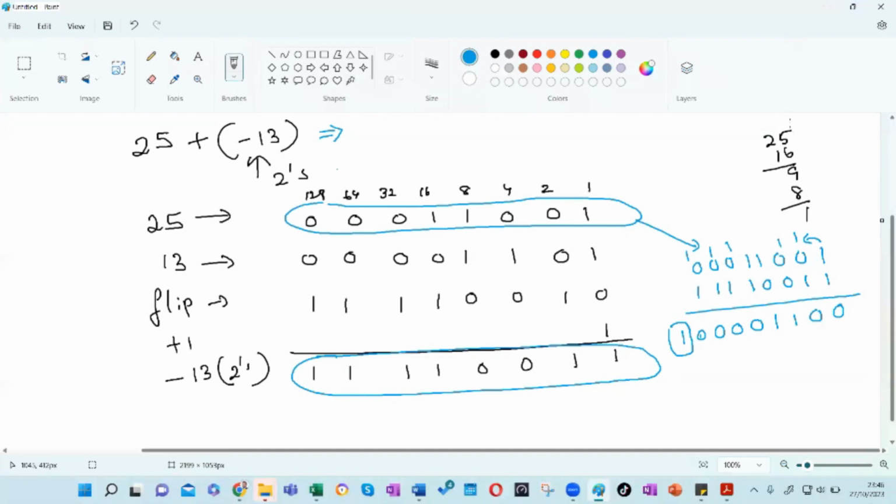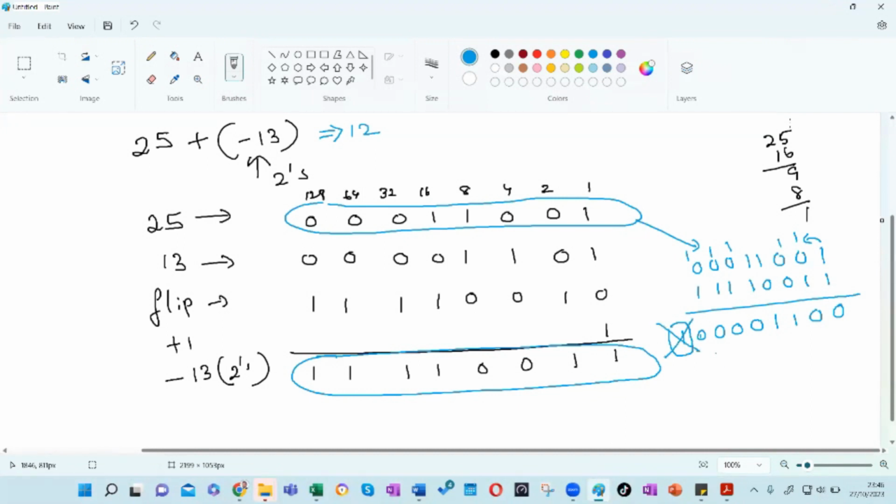So 12? Yes, because it is 12. So in this case, because we are supposed to get a positive number, we can discard this overflow bit.